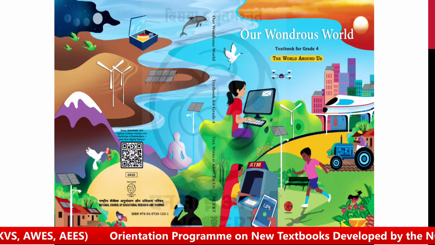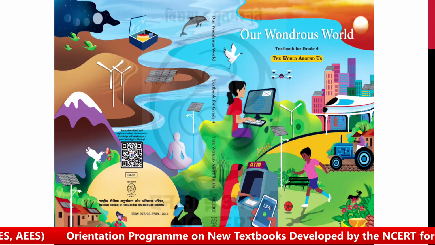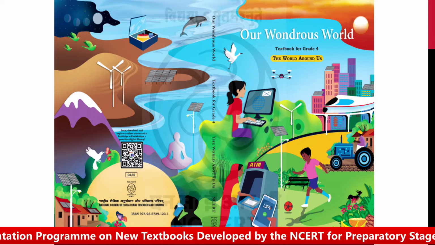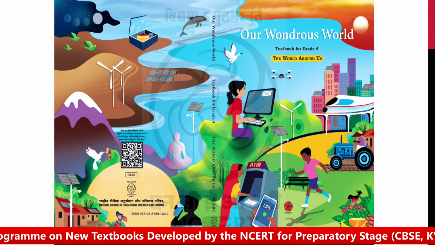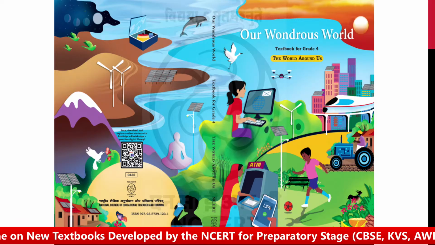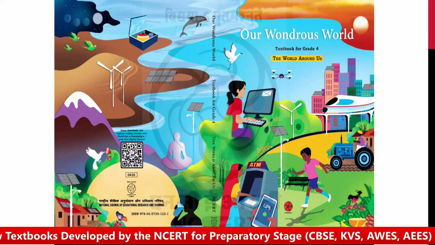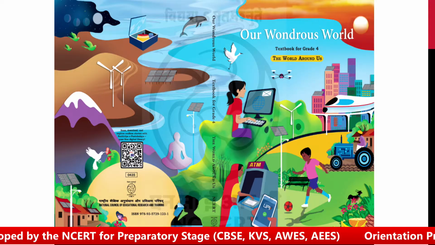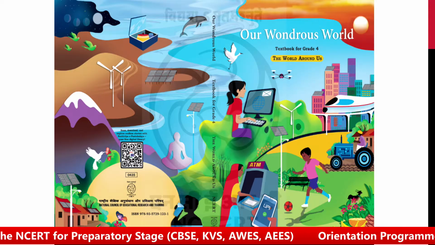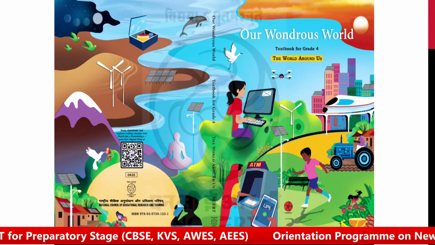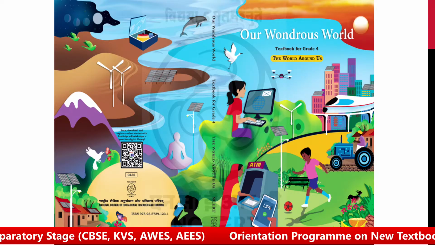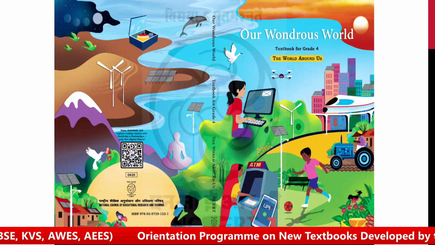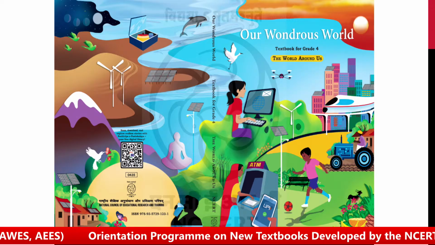You can see there are indigenous practices, you can see the developmental element, and you can see the importance of balanced food, the need for exercise, and the different kinds of landforms. On the left side you can see the moon, and on the right side, in the upper side, you can see the sun. So a vast variety of experiences we are trying to project through Our Wondrous World.